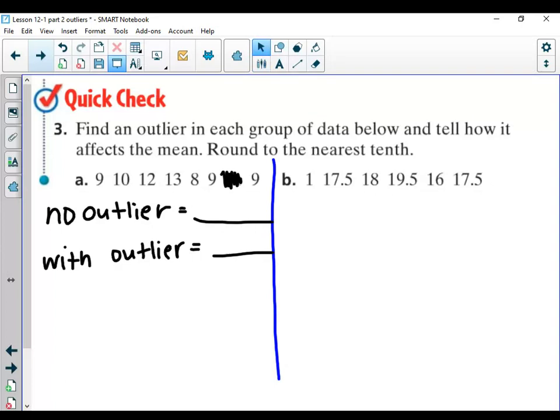Tanner? 62.29. Add one more time. Oh, 62.3. Add one more time. What do you mean? 9 plus 9 plus 8 plus 13 plus 12 plus 10 plus 9. Pretty sure that's what it is. Try one more time. That's what I did too, and I got the same thing. Try one more time.